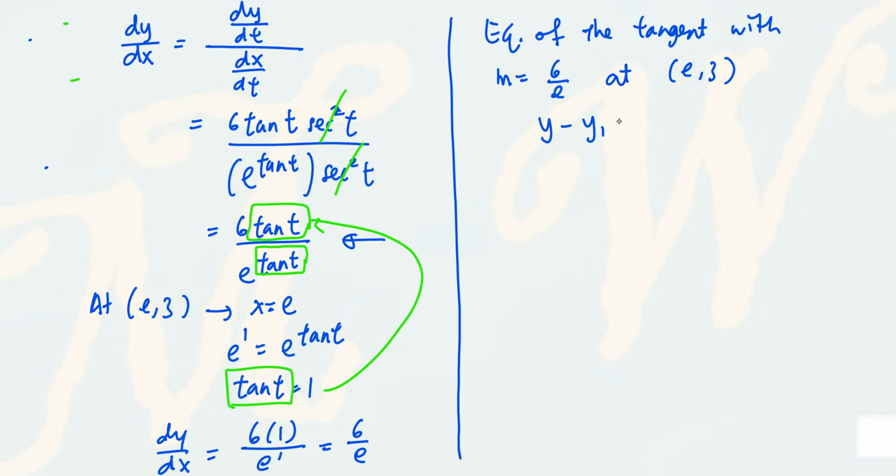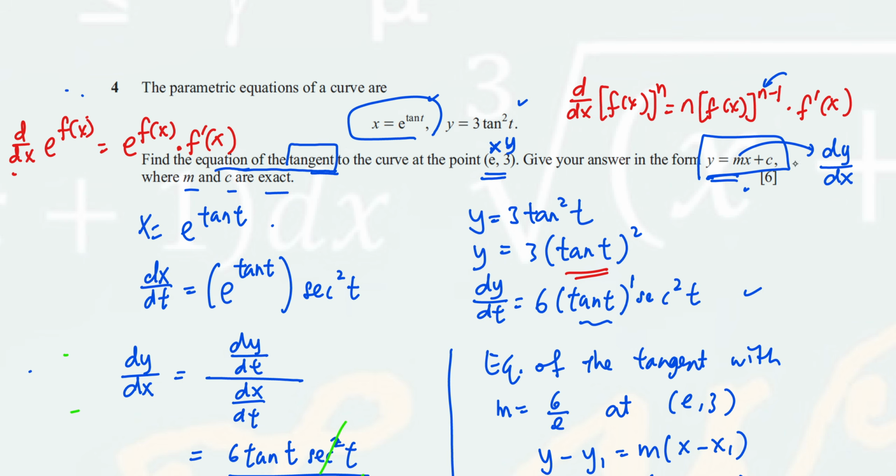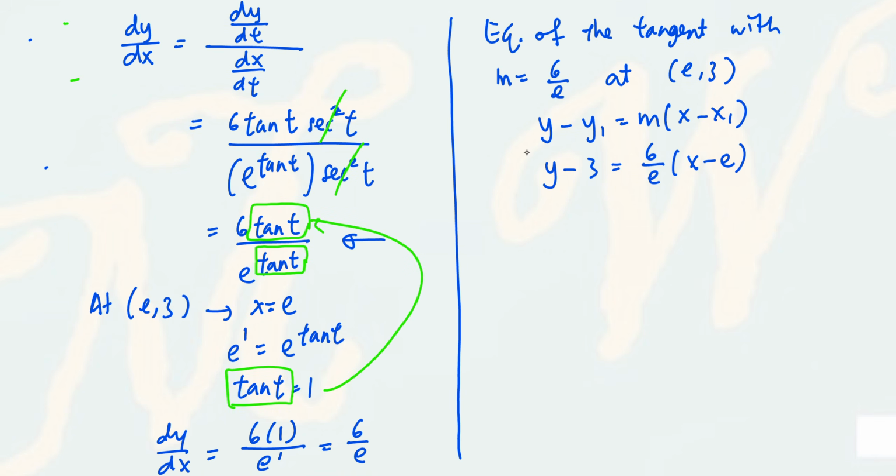So y minus y1 equals m times x minus x1. So you will be getting y minus 3, because y1 is the y coordinate of the point, which is 3. The m is 6 over e, times x minus e. And don't forget, our final answer is y equals mx plus c, and it must be exact.